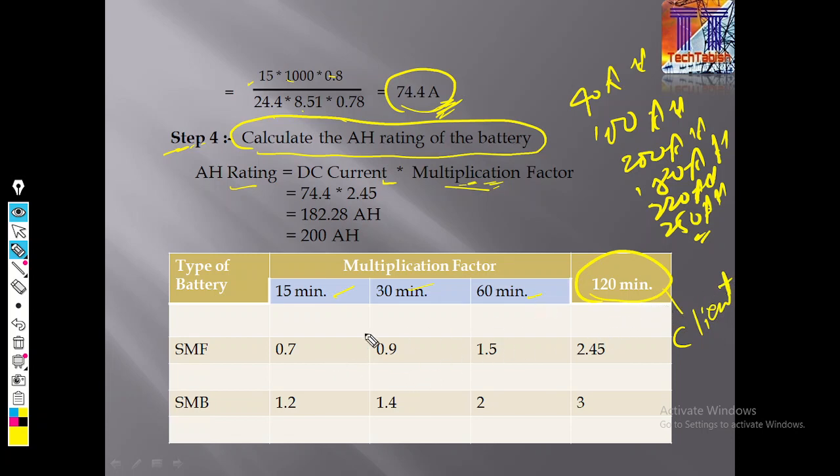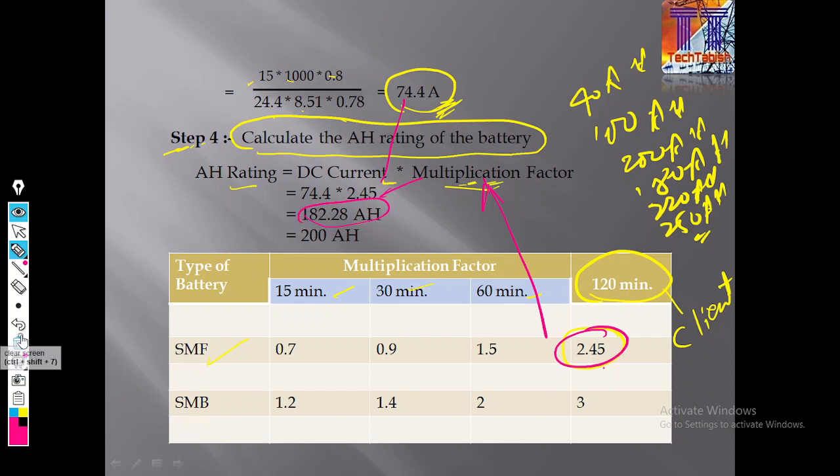The multiplication factor for a cell maintenance free battery is 2.45. Putting it in this formula, with the DC current already calculated, the result is 182.28 Ah.